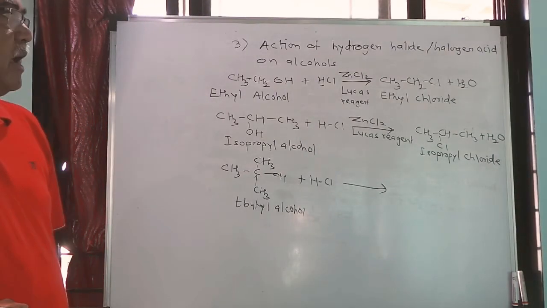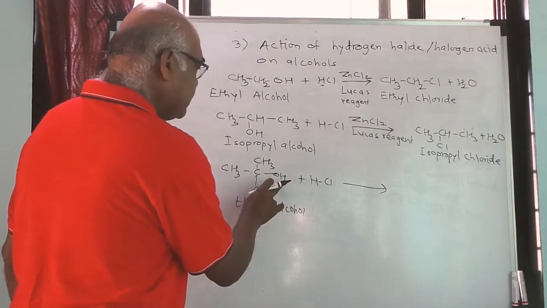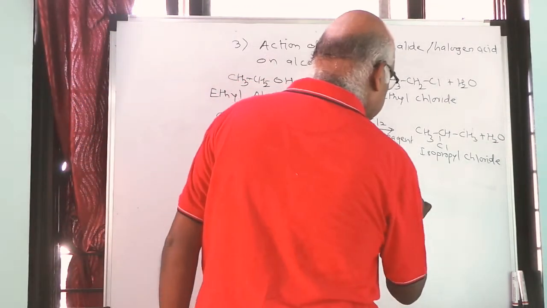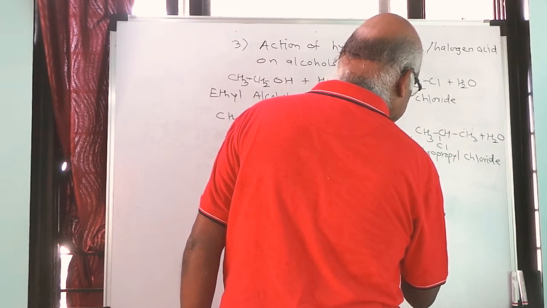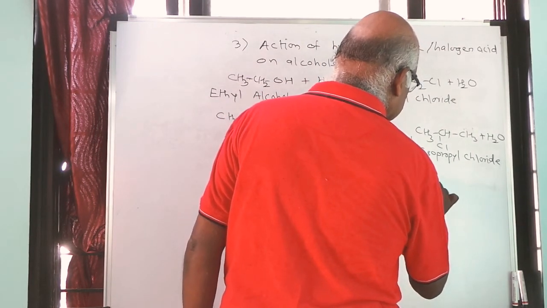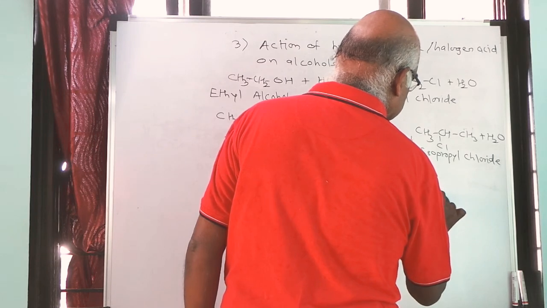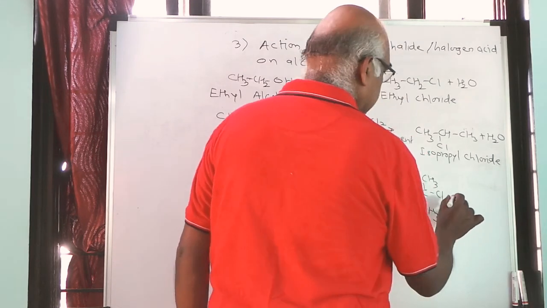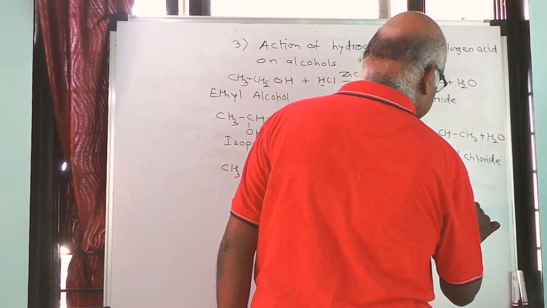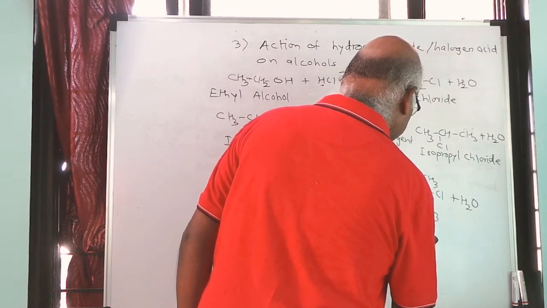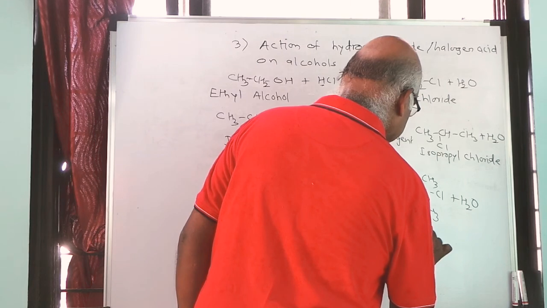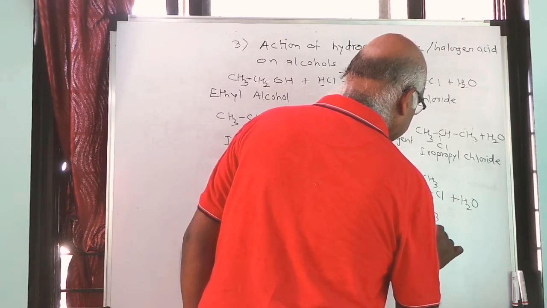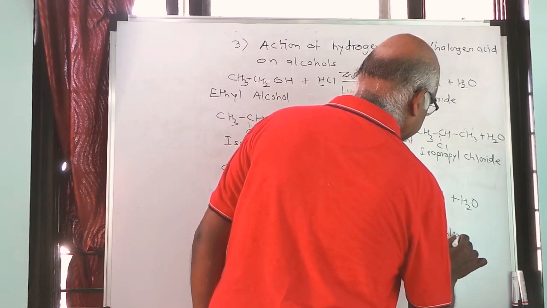What will happen? This OH will be replaced by Cl, so you will get (CH3)3C-Cl plus H2O. This is tertiary butyl chloride.